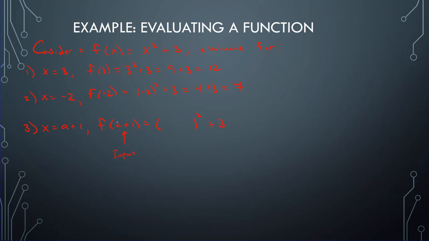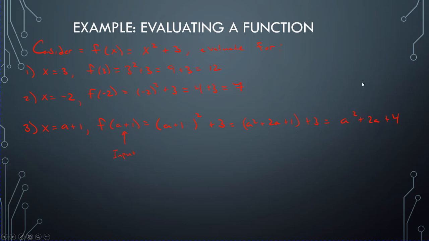Not a number now, I'm inputting a plus 1. And you could FOIL this out: this becomes a squared plus 2a plus 1 plus 3, which ends up being a squared plus 2a plus 4. So you don't just have to plug numbers into these functions. You can plug in other algebraic values.